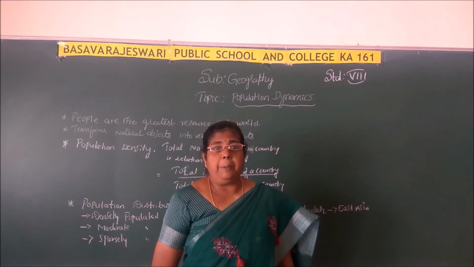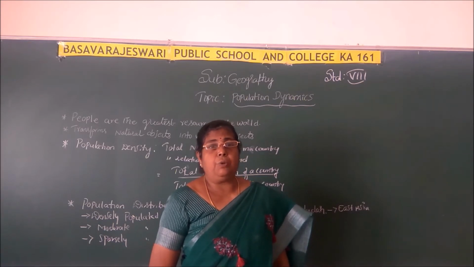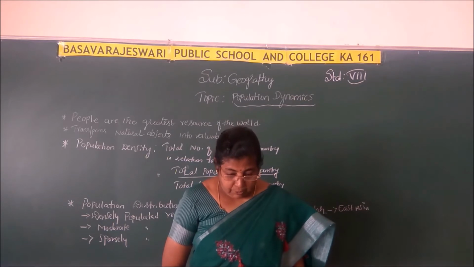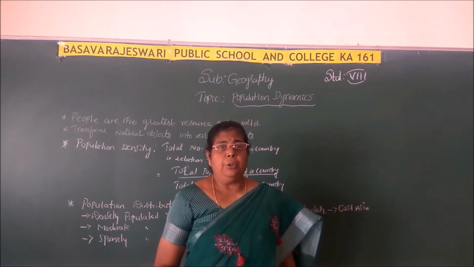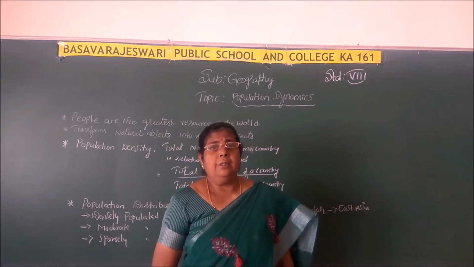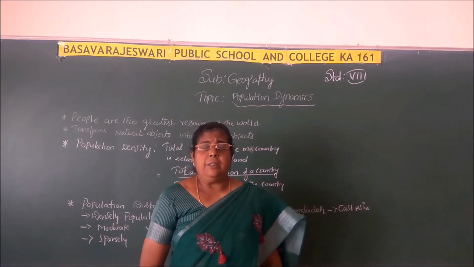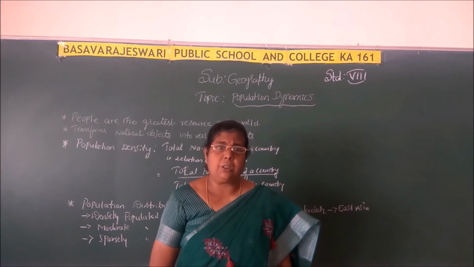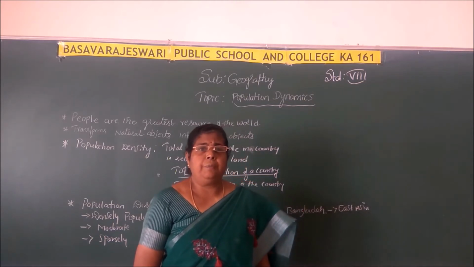It purely depends upon the intellectual capacity of the human resources. That's why man, through his knowledge, skill and talent, is able to convert all the natural resources into valuable resources. Clear, children?